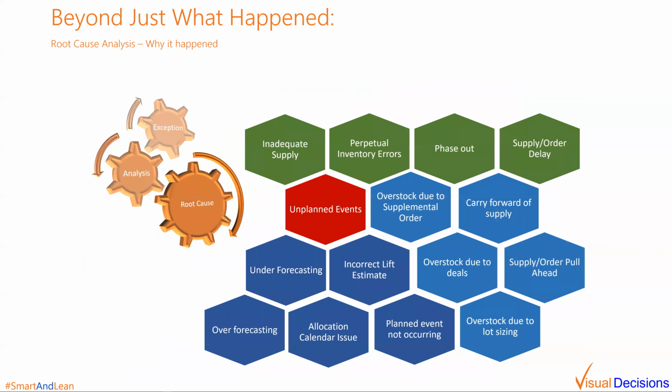And finally, from a forecasting point of view, we don't often think about root cause analysis from forecasting errors, but we really should look at that process of how do we run a continuous improvement on the forecasting itself. And so there are different reasons why our forecast might be inaccurate. Some of it is just the random nature of demand and different unplanned events and so forth.